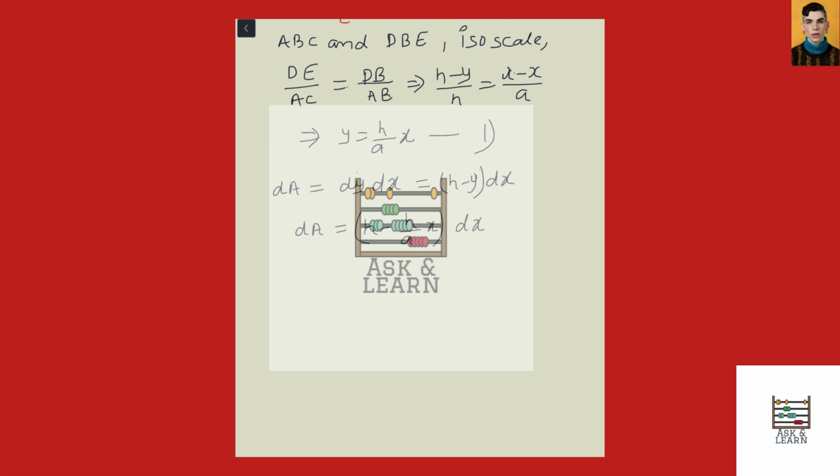Now integrating on both sides to obtain the net area, from 0 to capital A. So integration of dA equals hx minus h by a times x square by 2, and the limits will be 0 to small a.